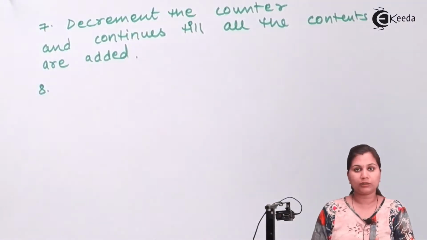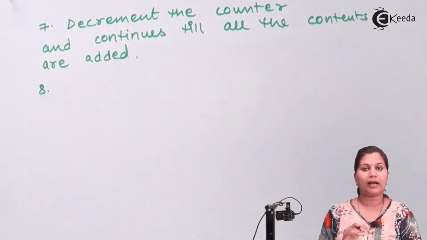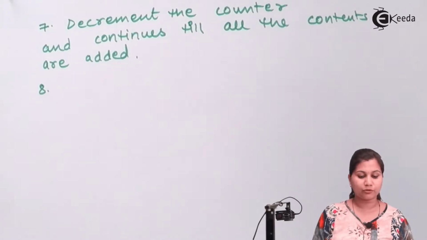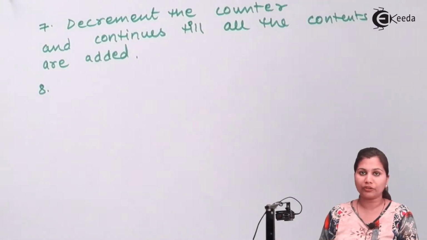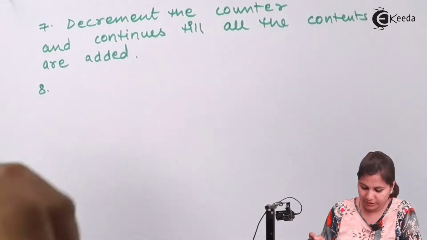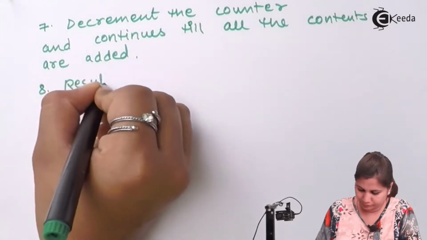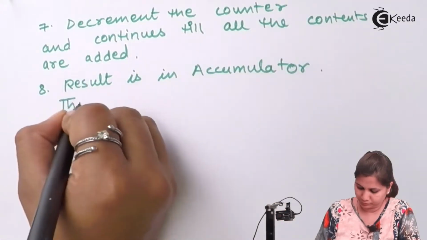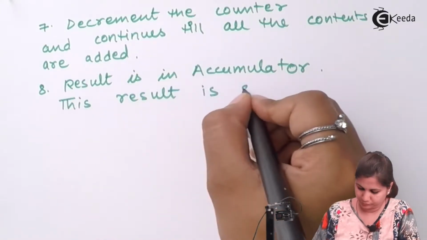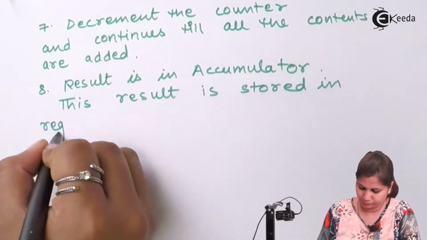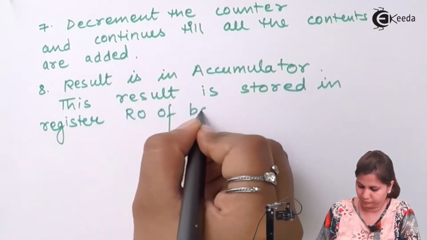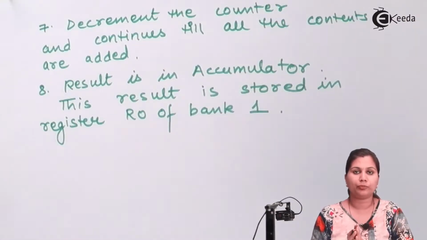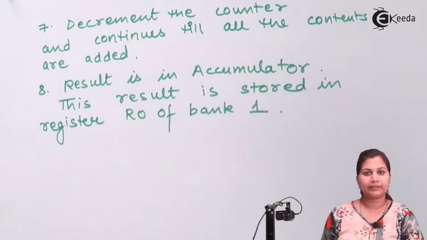Now when we have added all the contents, we have got a result, and now we have to store the result. Okay, so in the question we are given that we have to store the result in register R0 of bank 1. So we will store the result.